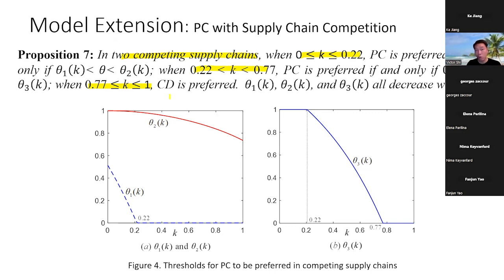The price is too low. How do you address the problem of pricing too low? You can use complete decentralization, because it creates double marginalization, which keeps the final price to consumers at a good level.